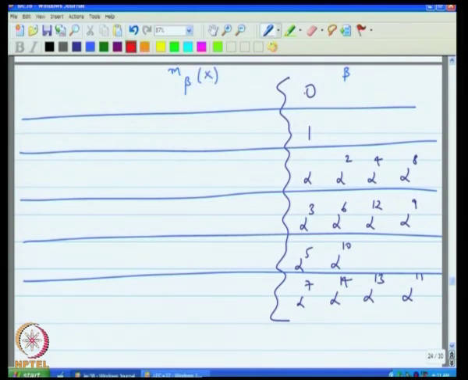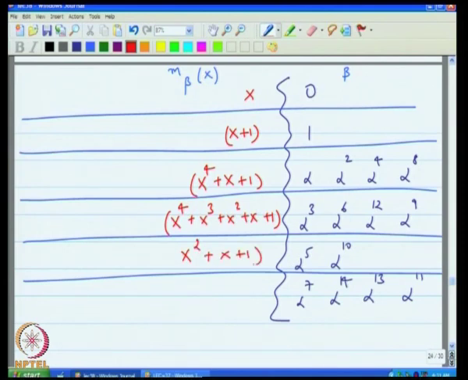So, it turns out that m beta of this is just x, this is x plus 1, here you have x^4 plus x plus 1, x^4 plus x^3 plus x^2 plus x plus 1, x^2 plus x plus 1, x^4 plus x^3 plus 1. So, this is the structure in terms of minimal polynomials.